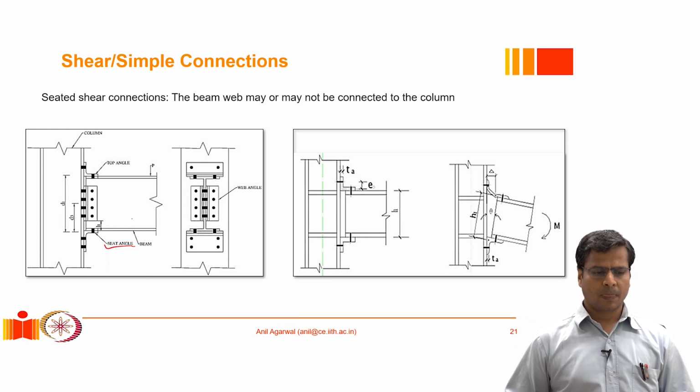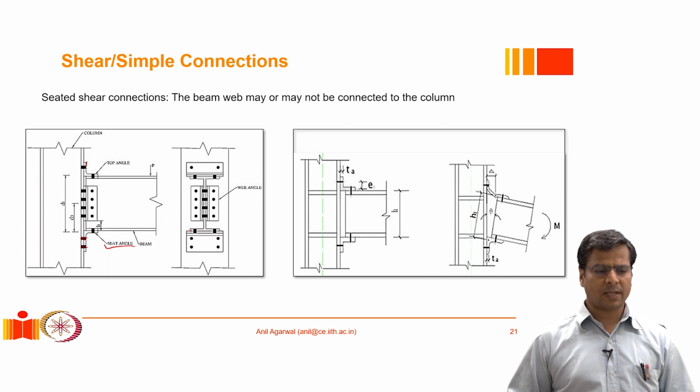In such a situation, you might notice that the angle is almost the same width as the beam flange, and this leg of the angle could be either bolted or welded to the flange.